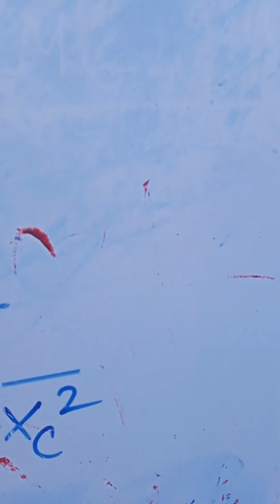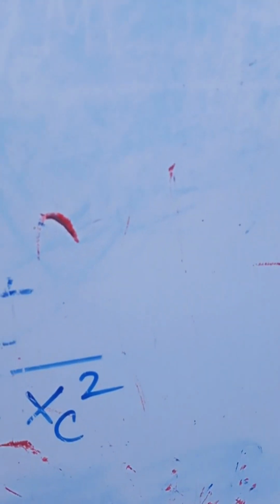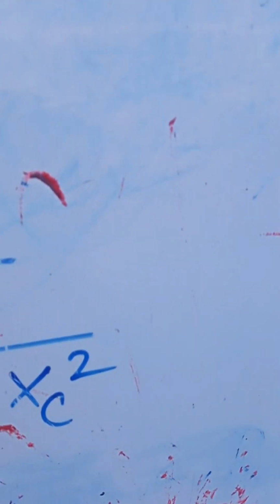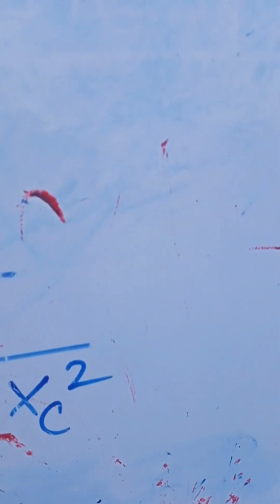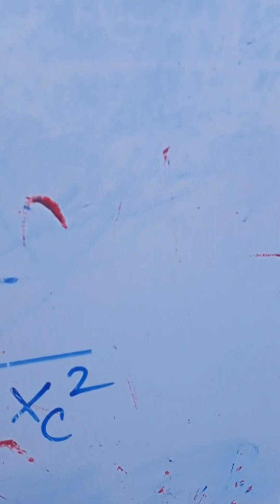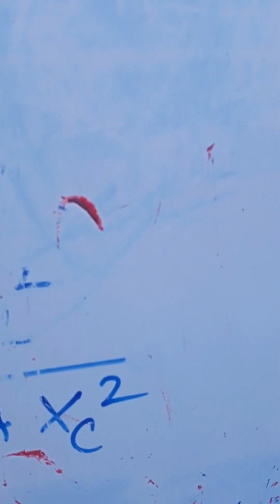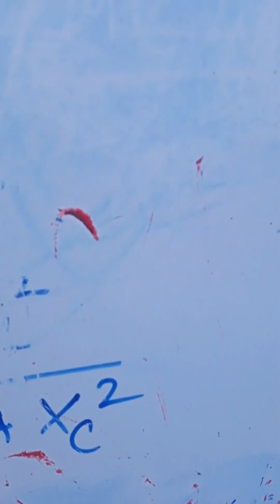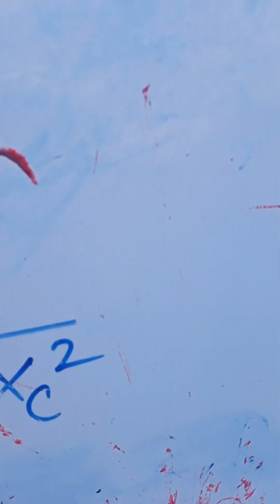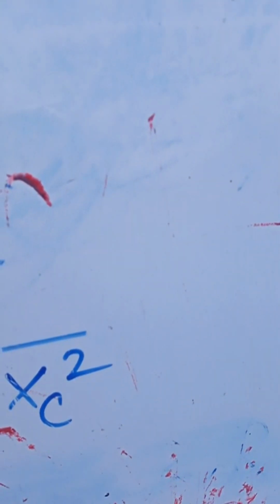Then after taking the observation, that means data, you have to complete the calculation, and after calculation you will do the graph, and you will write the discussion part, and you have to appear for the Viva examination. Then you will take permission from your teacher to leave the lab. Don't forget to submit your copy.